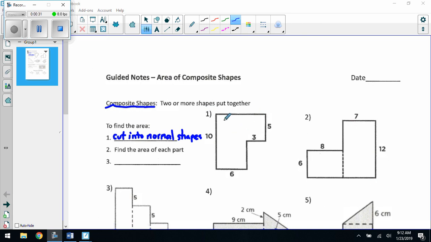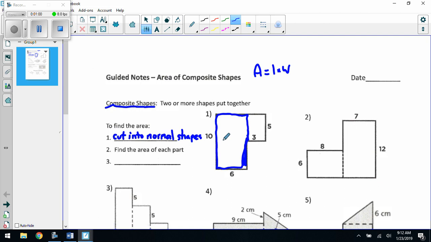To do that, take a look at number 1 here. As you can see, we have this odd looking shape, and if we just continue this line here, it would make 2 rectangles. So step 2 says to find the area of each part. If you recall from the last chapter, area would be the length times the width.